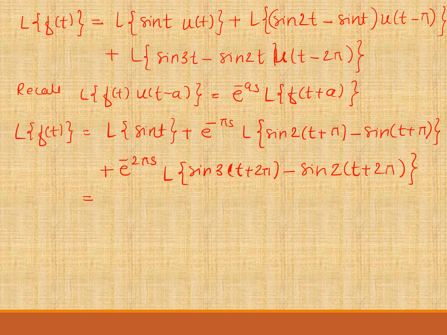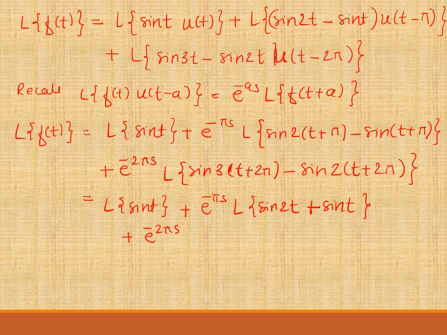So Laplace of sin t as it is, plus e raised to power minus pi s Laplace of sin 2t plus 2 pi, and 2 pi plus 2t is sin 2t. Sin pi plus theta is minus sin theta, so it becomes sin t, plus e raised to power minus 2 pi s Laplace of sin 3t plus 6 pi.